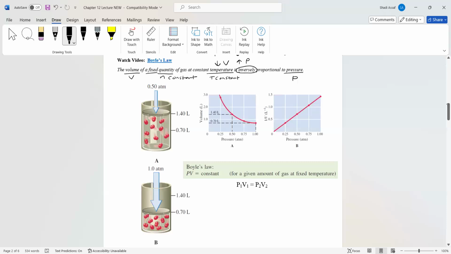And again, that means that the pressure is increasing, building up. So you can see that half an ATM with 1.4 liters, the volume went down, and look at the pressure, it went up. So in this case, the pressure is low, the volume is high. Here we see that now the volume is low, but the pressure is high.